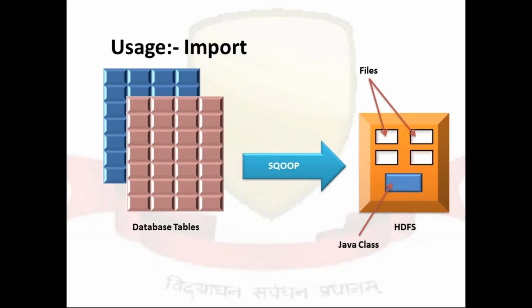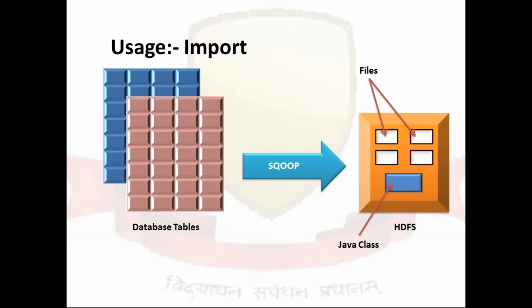These files may be delimited text files or binary Avro or sequence files containing serialized record data. A byproduct of the import process is the generated Java class, which can encapsulate one row of the imported table.